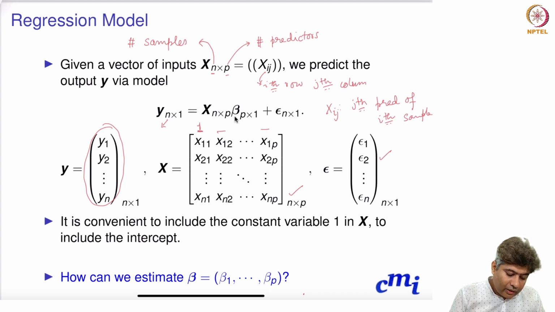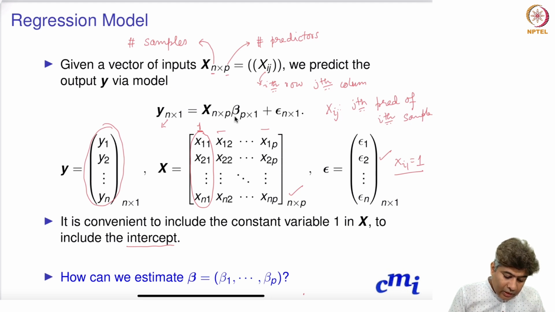If you do that, it will automatically be your constant predictor. It will behave as an intercept. If you make each xi1 equal to 1, the first column will behave as an intercept.